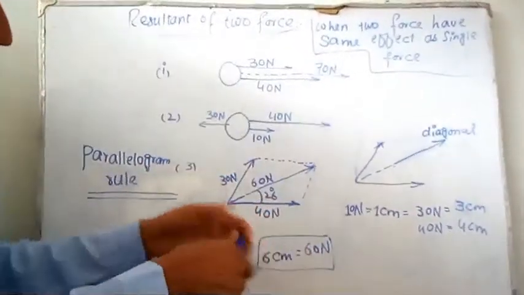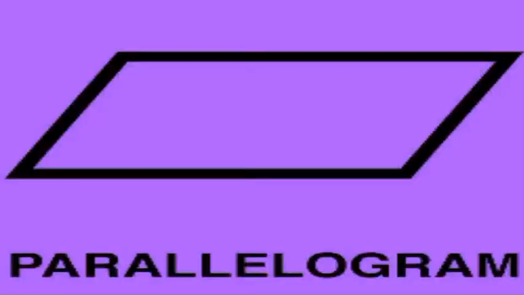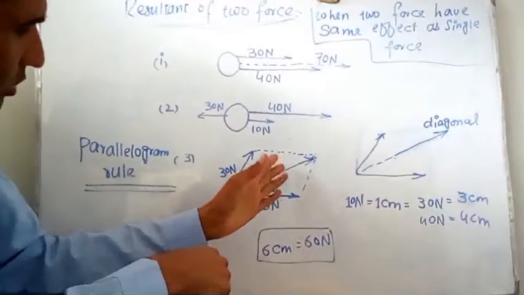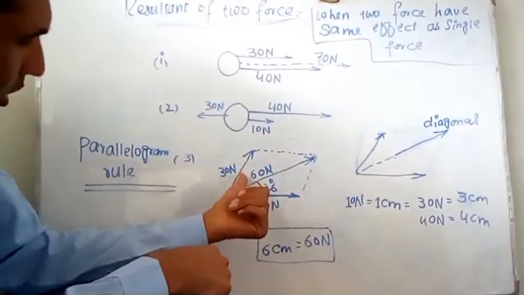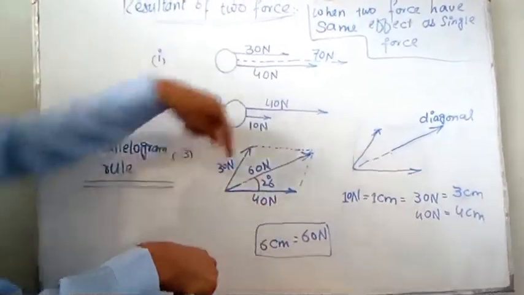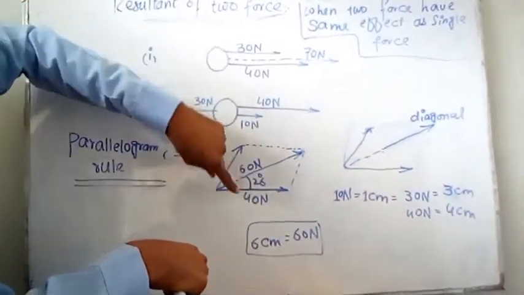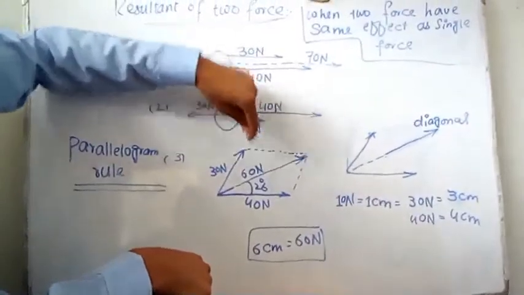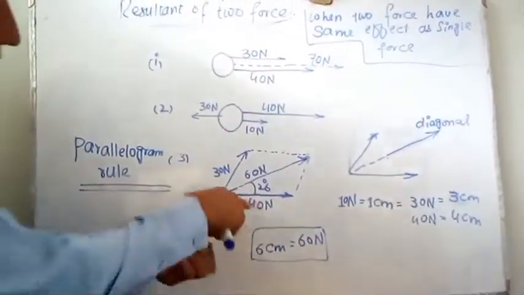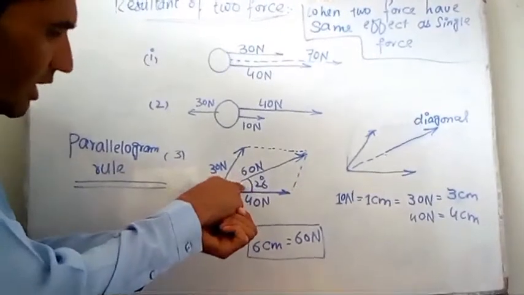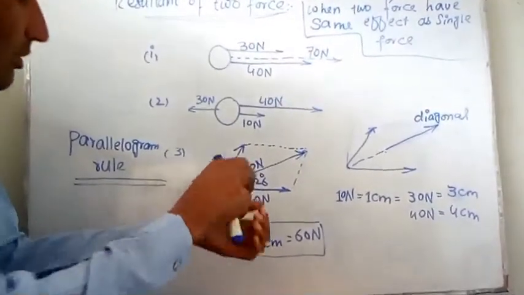We can also find the resultant of two forces using the parallelogram rule, in the case when the forces act at an angle. For example, the 30 Newton force acts in this direction and the 40 Newton force acts in this direction. This time both forces act at an angle to each other.